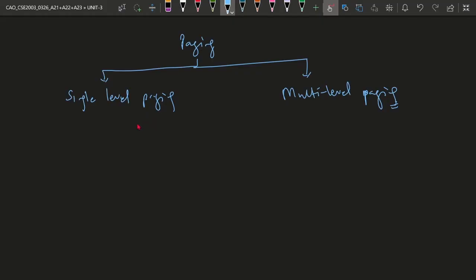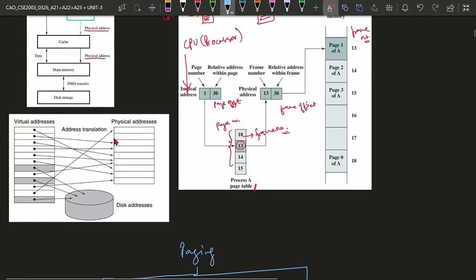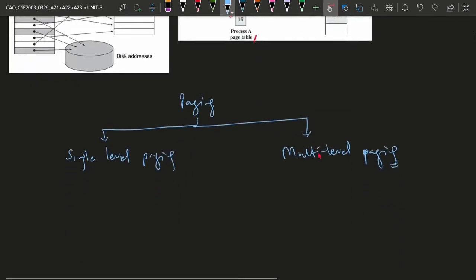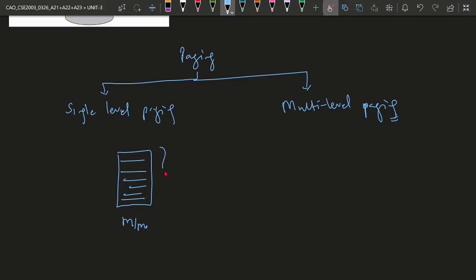The pages are stored in the main memory. Suppose the size of main memory is 16 KB, and the size of a page is 4 KB.